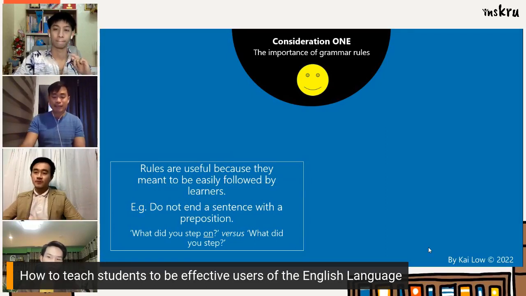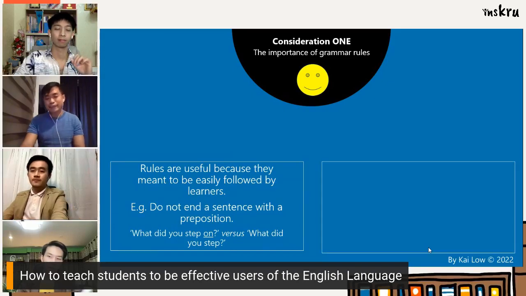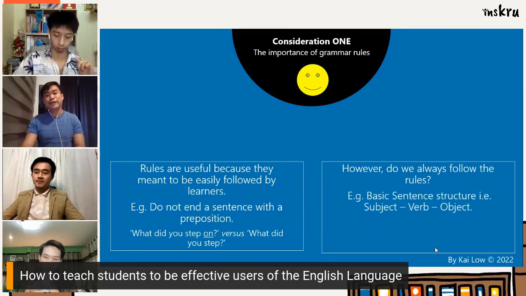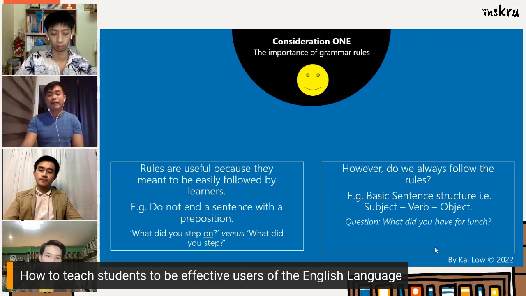Now, think about this. Because in everyday English language use, do we always follow the rules? Are the rules always necessarily compulsory? Now, let me share another example. If you're teaching the English language, fundamentally, you will know that a basic sentence would have a subject, a verb, and an object. However, when people tend to ask you in English, what did you have for lunch?